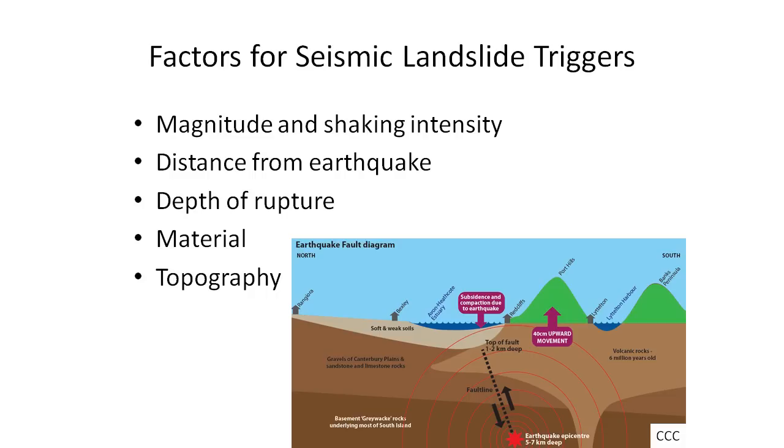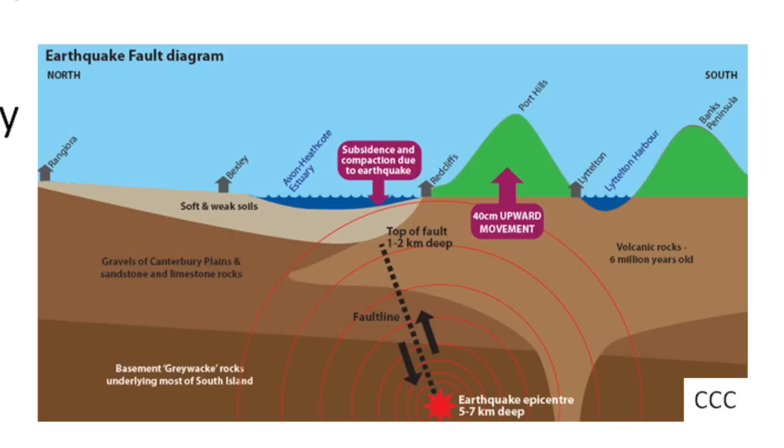So we've discussed in previous lectures points about the magnitude and the shaking intensity that we saw in the earthquakes here. In addition, we discussed the distance of the earthquake and the depth of the rupture. And this little cross-section here nicely shows the location of the Port Hills and the location of the fault with the epicenter right below the Port Hills, and the direction of the movement of that seismic energy upwards towards the Port Hills right there.